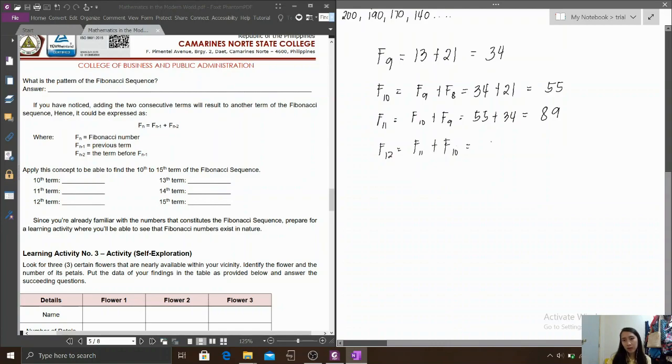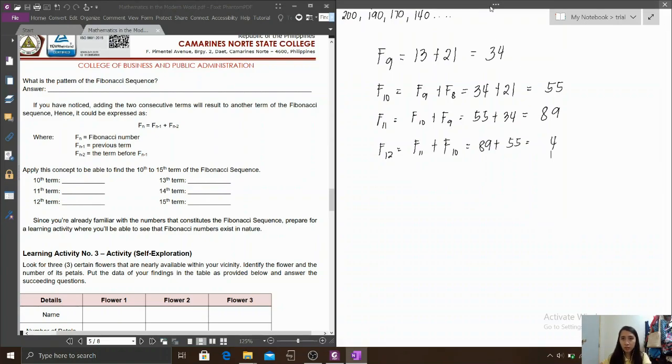So, f sub 11 is equal to 89 plus f sub 10, which is 55. So, this is 144.